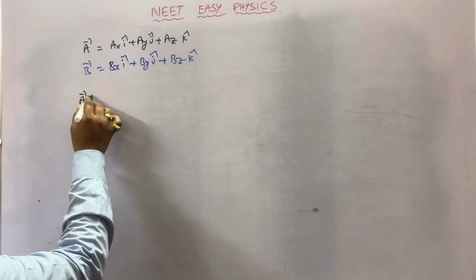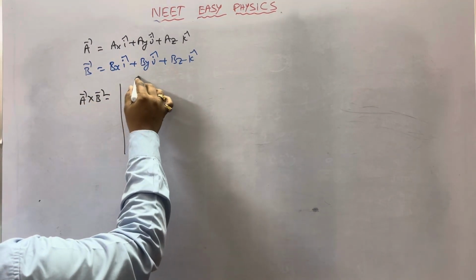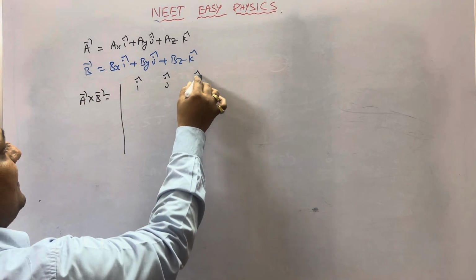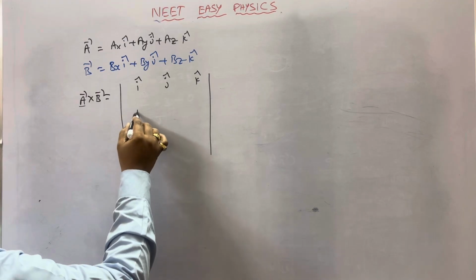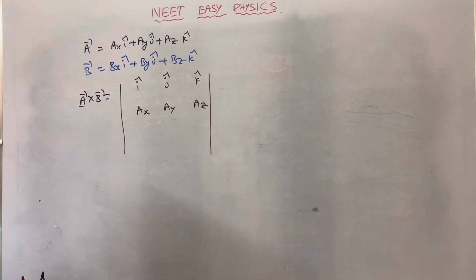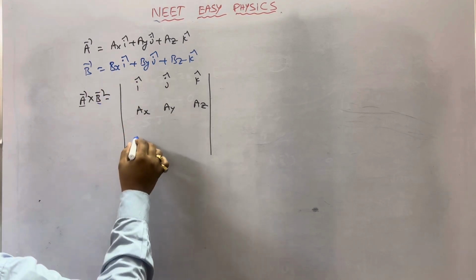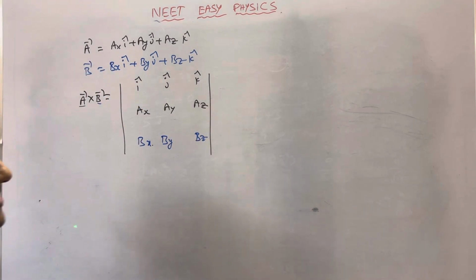So, A bar cross B bar is going to be a determinant with i cap, j cap, k cap in the first row. First A bar we are taking, therefore you have to take Ax, Ay, Az. Next we are taking B bar, therefore next we should take Bx, By, Bz.